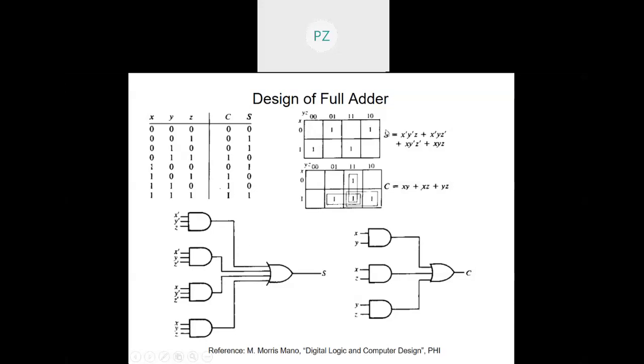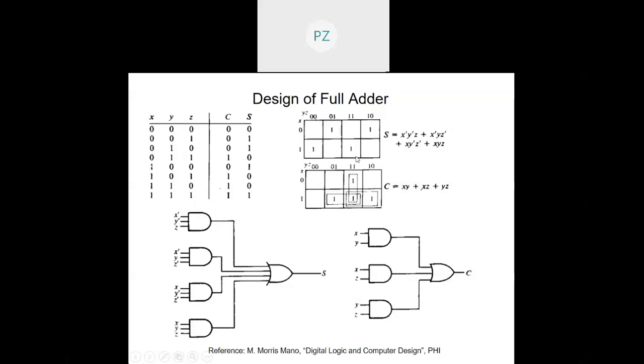Now let us see whether it can be combined. So first of all, we will populate it for S. When I populate for S with 3 variables x, y, z, 0, 0, 0, 1, 1, 1, 1, 0, 0, 1. So K map coming to our rescue, it will have 0, 1, 1, 0, right? That is how we count it. And then 1, 0, 0, 1. So I've got 1 at all these places. So we see that again, 1 cannot be combined, right? Because none of the ones are adjacent to each other.